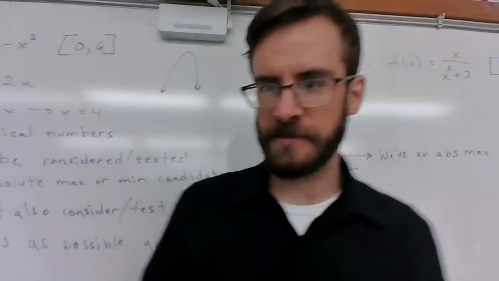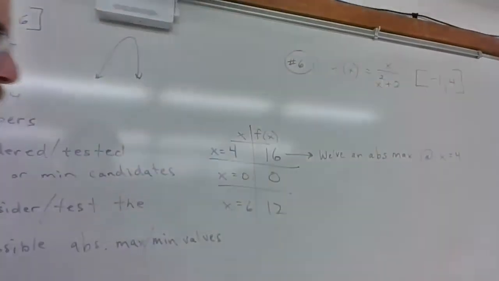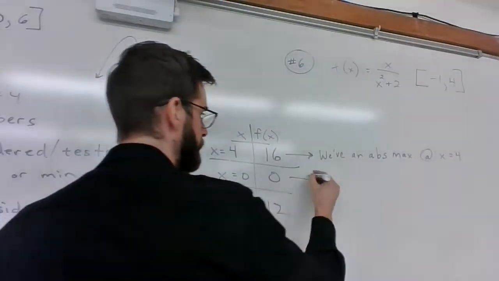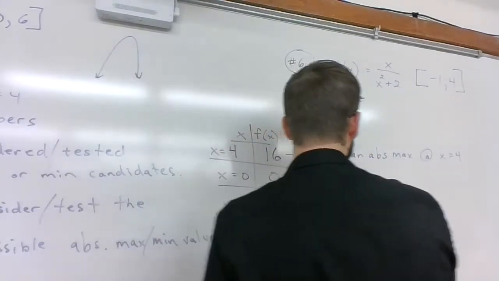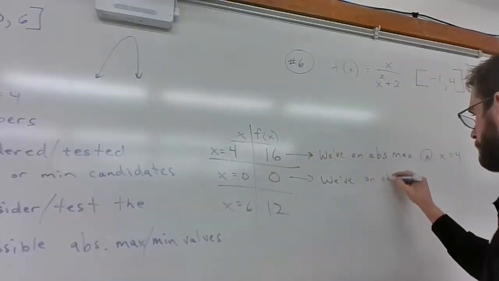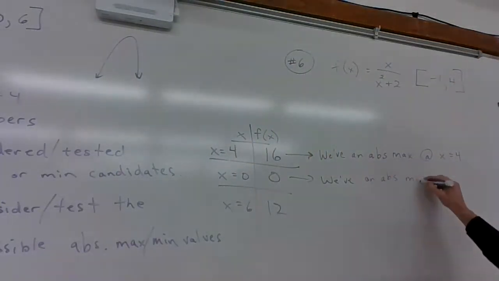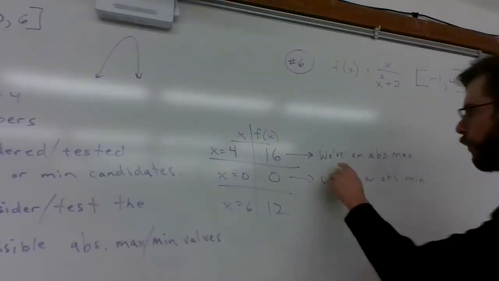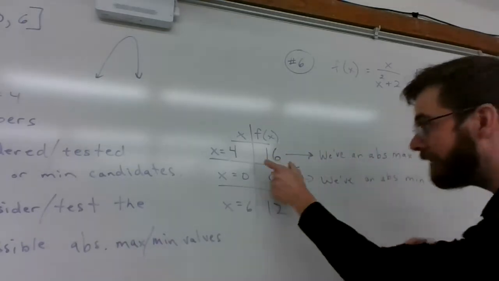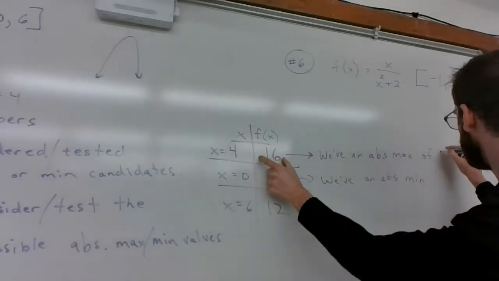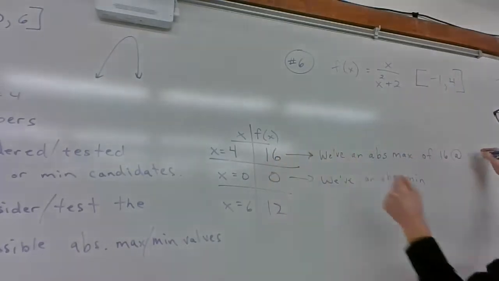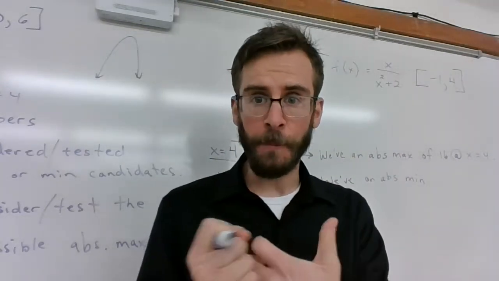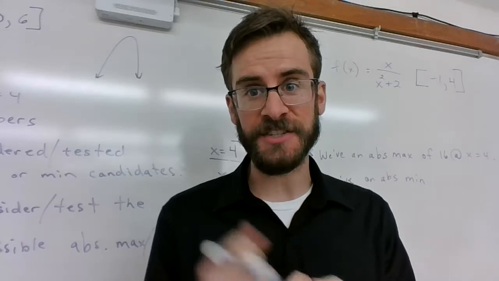I'm sure you guys can't see all of that. There you go. And we have an absolute min. And you know what? I should say we have an absolute max of 16 at x equals 4, because a lot of times the absolute max itself is defined as the y value.